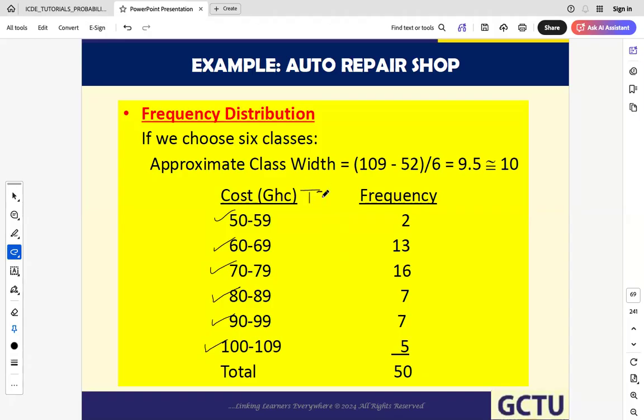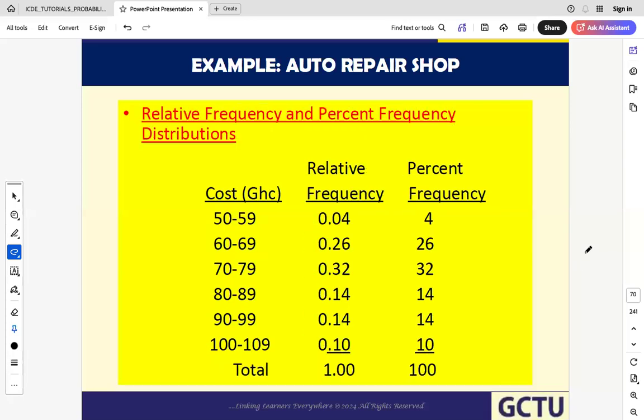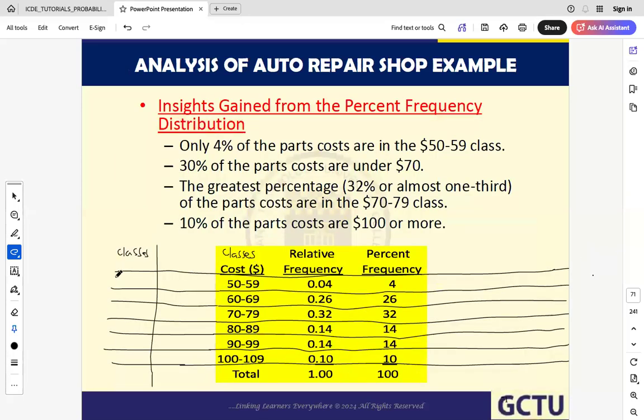So if you do your tally like we did in our first table, the tallies will come right here before the frequency. So that's what I want to do in this that we are doing at this side.